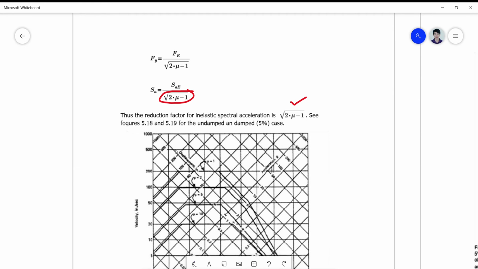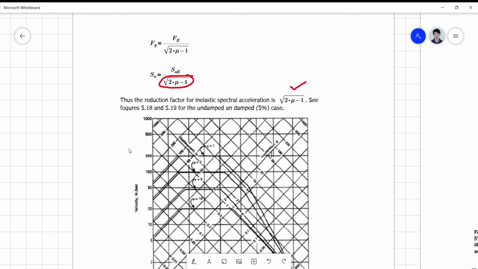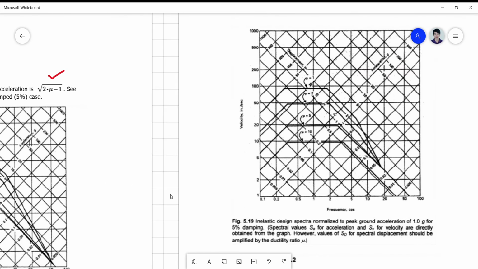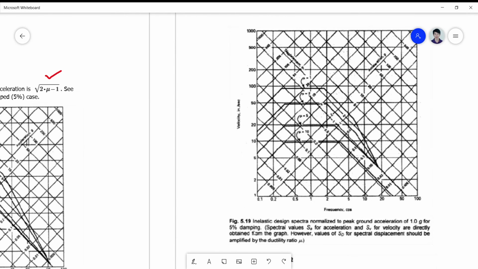So this reduction factor is actually applied on this tripartite design spectra, which is normalized to 1G, and this is undamped. Of course, there's no damping here, but the mu factors are there. And here, this is already a 5% damping, and the mu factors are also there. Okay.